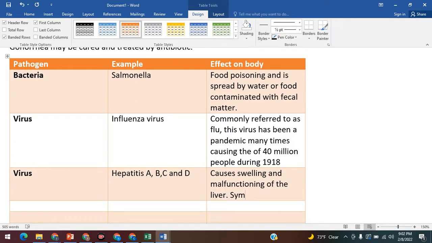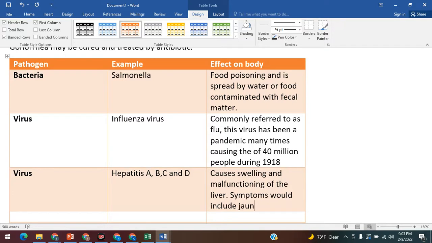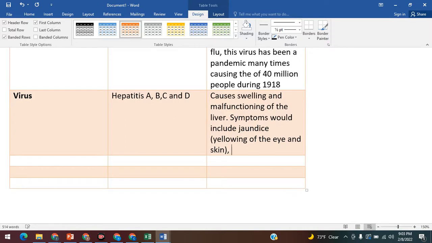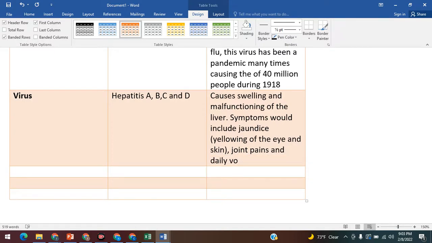Now, symptoms would include jaundice, that's the yellowing of the eye and skin, joint pains, and daily vomiting.